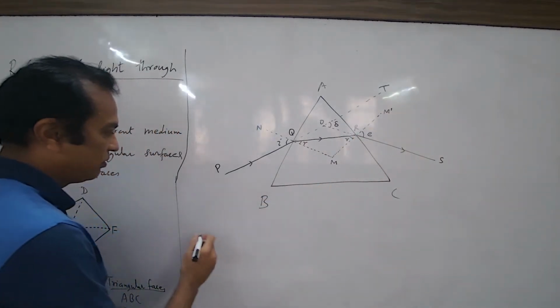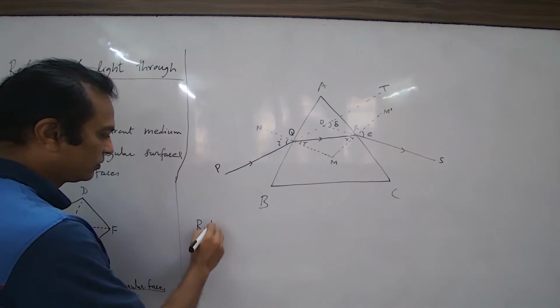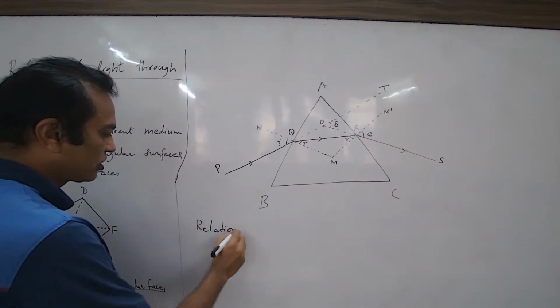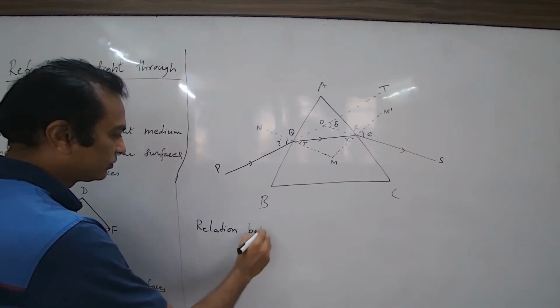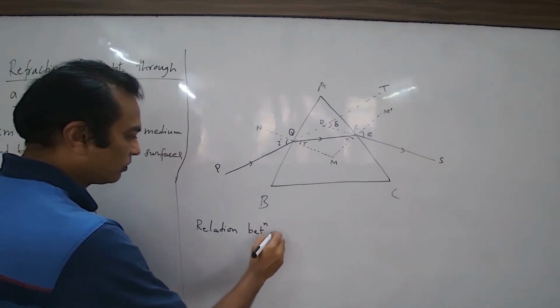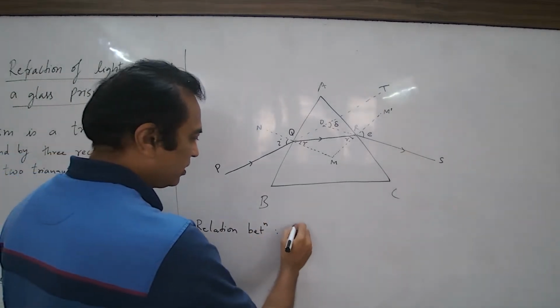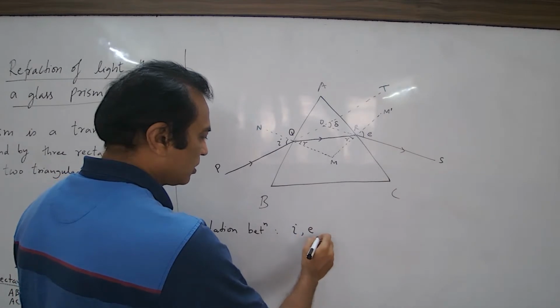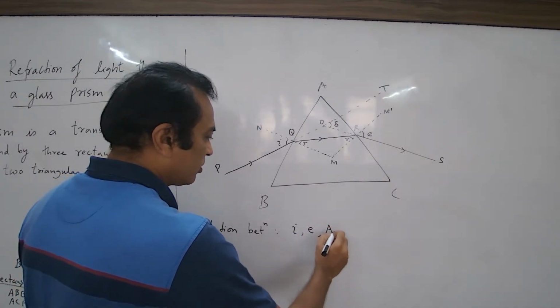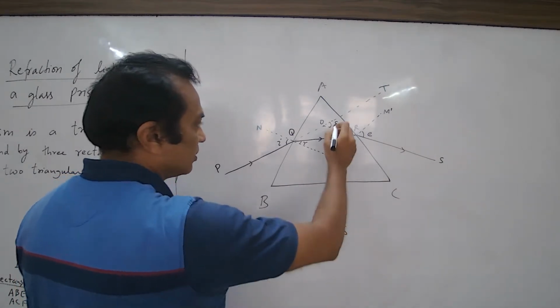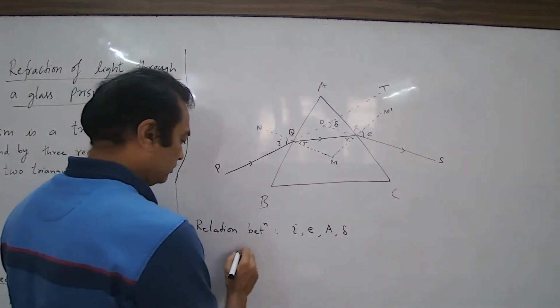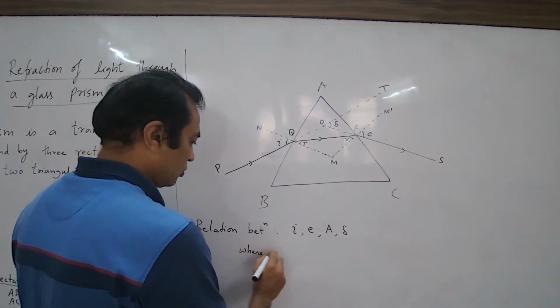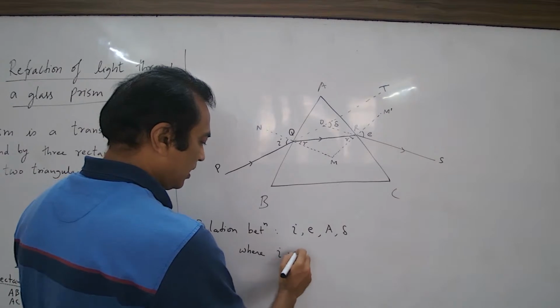Now we have to find a relation between the incident ray, the emergent ray, the angle of the prism and the angle of deviation. So you should know this. I is the angle of incidence.